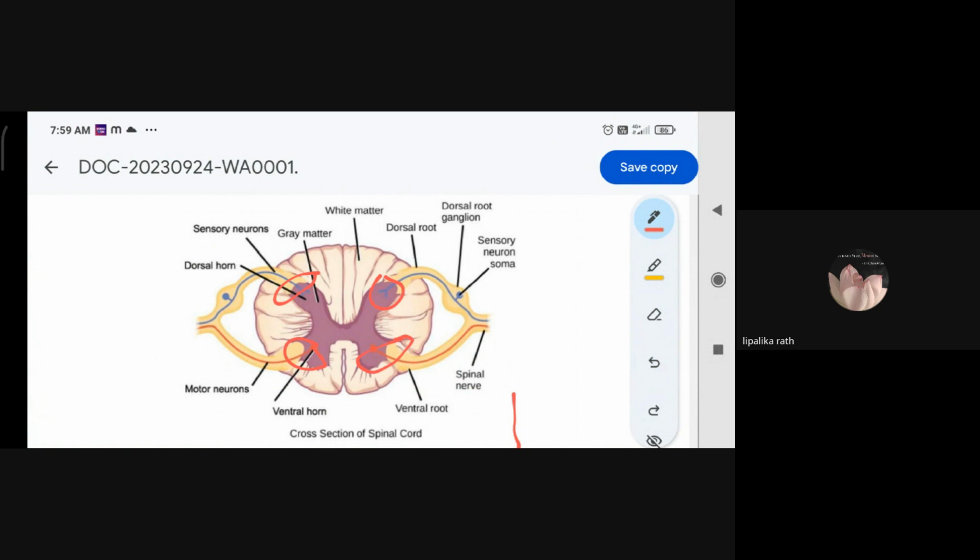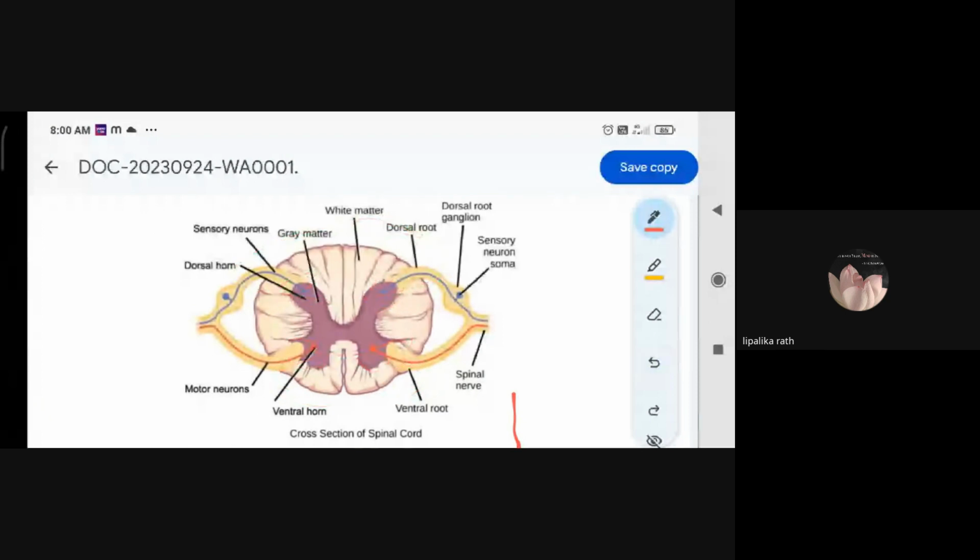From these 4 horns, nerve roots are connected. You can see motor neurons coming at the frontal region, and sensory neurons connected to the back portion.